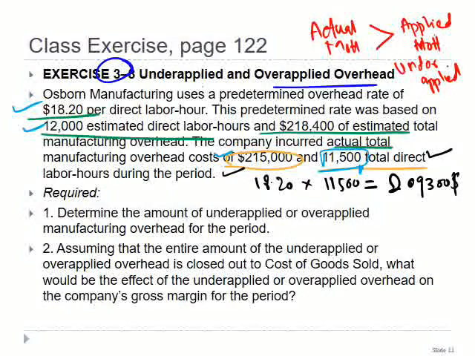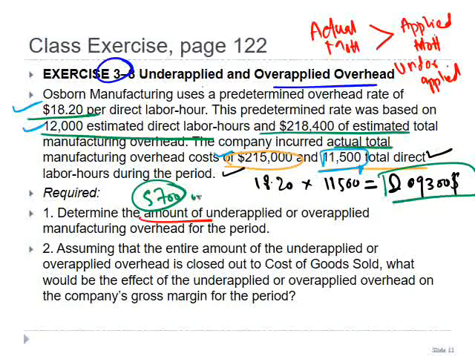So by how much are we under applied? We just need to deduct 209,300 from 215,000. The amount will be 5,700 under applied.